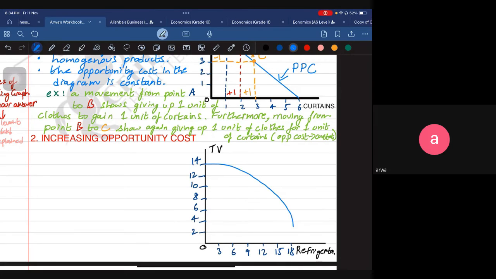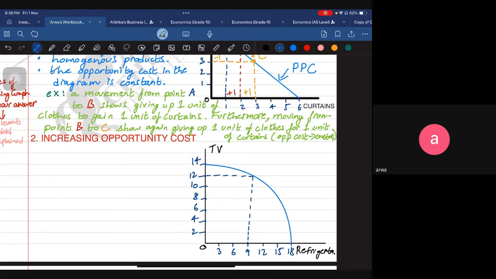So let's say when we are making the diagram, it looks like this, a curve. Let's say the resources are well suited to the production of one good. So that's the whole idea of discussing this.